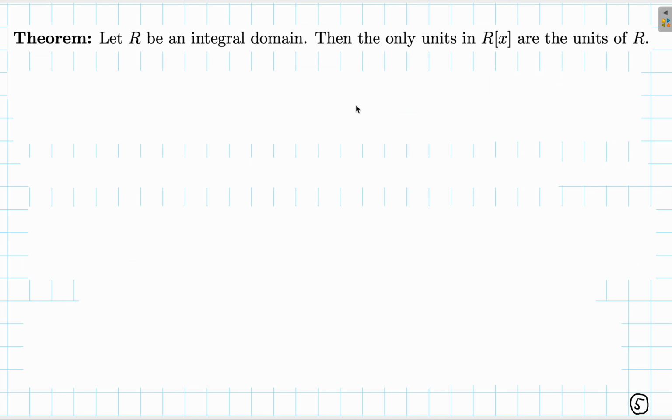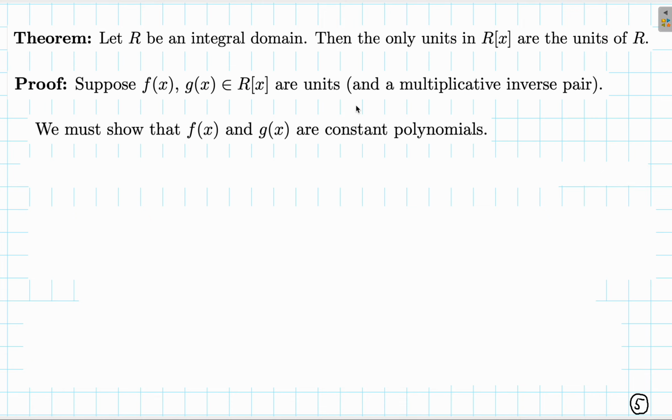And now we're going to prove the theorem that we just stated. And here's the opening of the proof. Suppose f(x) and g(x) are polynomials that are units, and in fact, a multiplicative inverse pair that multiply together to be 1. And we're going to show that f(x) and g(x) are constant polynomials.